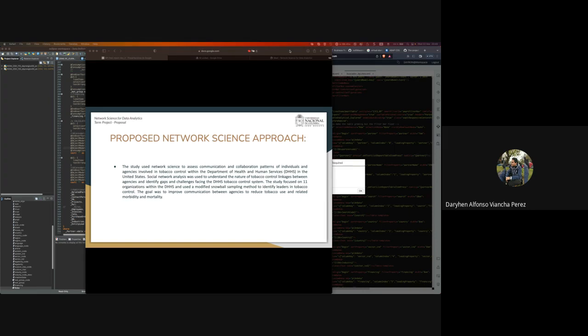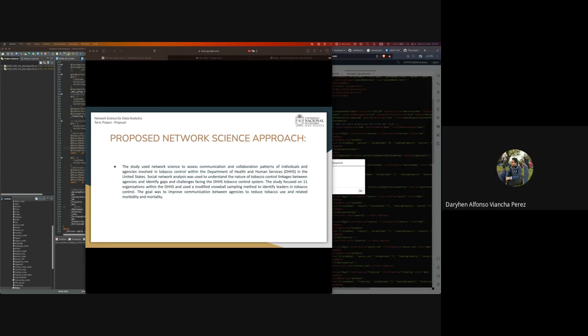We replicate the study and use the same data set. In our investigation, we were able to determine that the Centers for Disease Control and Prevention, CDC, is the most central agency in the communication network.